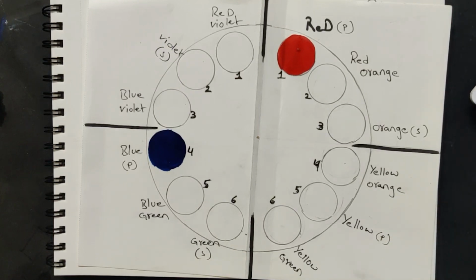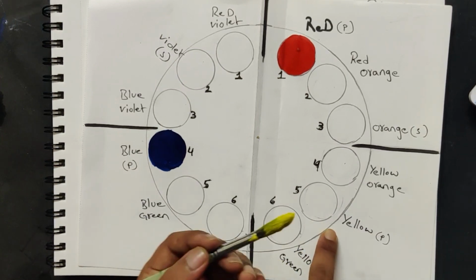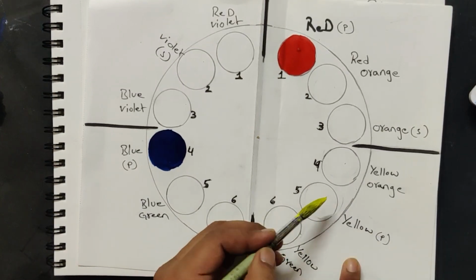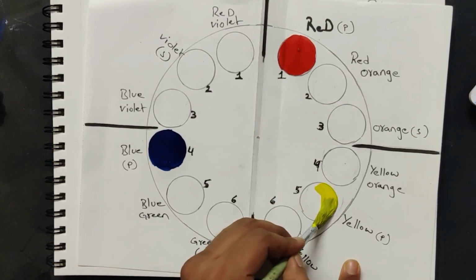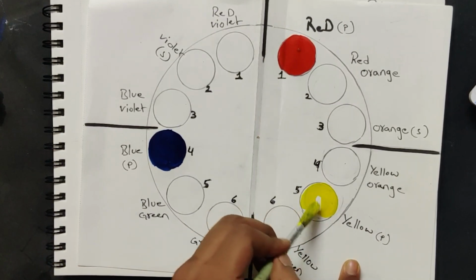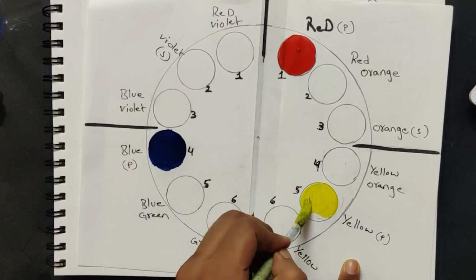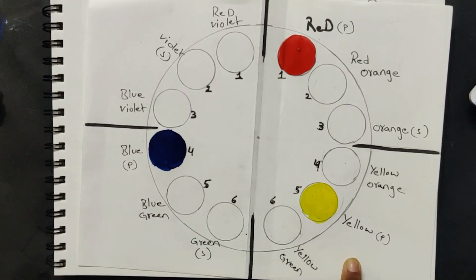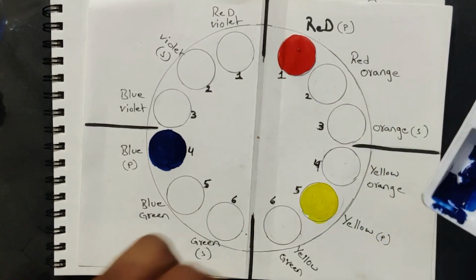Wash the brush immediately. Next, the third primary color, yellow. See, I have written it here, P yellow. This is how the primary colors look. These are our primary colors.